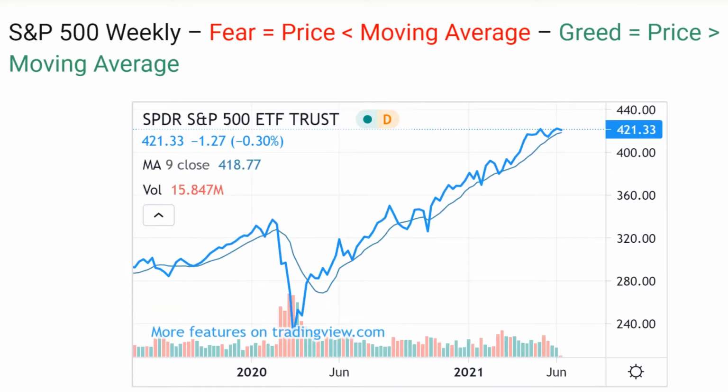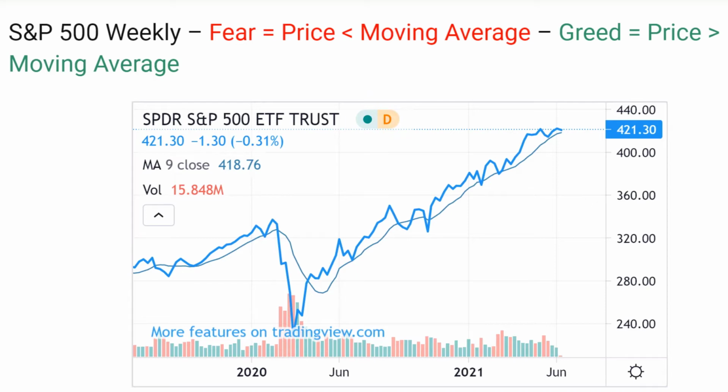The next chart we're going to look at is a really easy one that you can set up in any charting package. Here I've got it set up in TradingView, but this is a chart that you really should establish for yourself. This is what I call the S&P 500 weekly chart, and the indicator is a simple moving average 9.